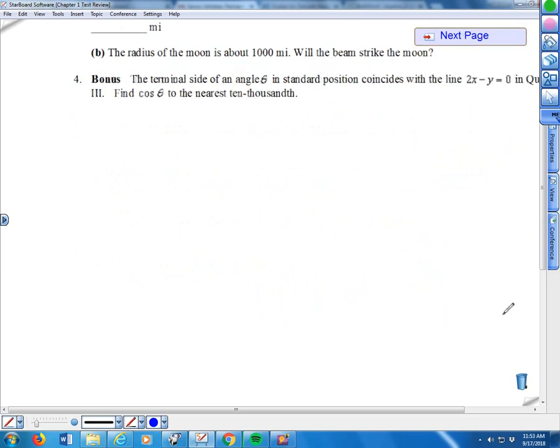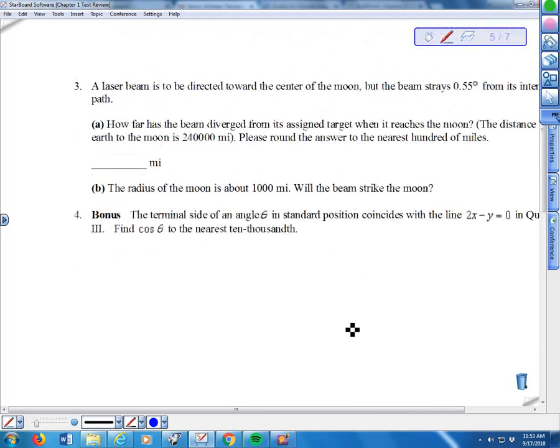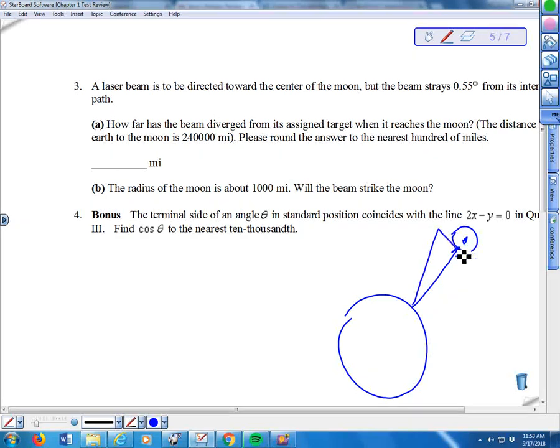Laser beam. So we have the Earth, we have the moon, we have some laser beam that's originally going towards the center, but it gets off kilter. And this is 0.55 degrees. The distance from the Earth to the moon is 240,000 miles. And we're trying to find how far off it is.